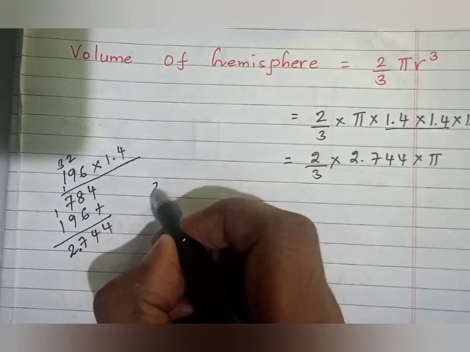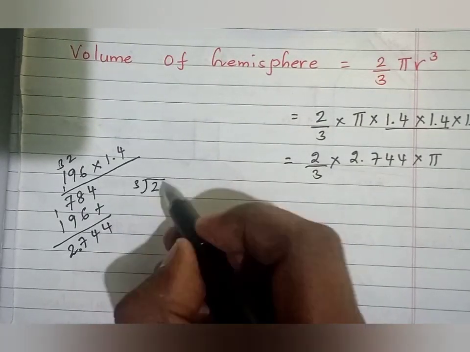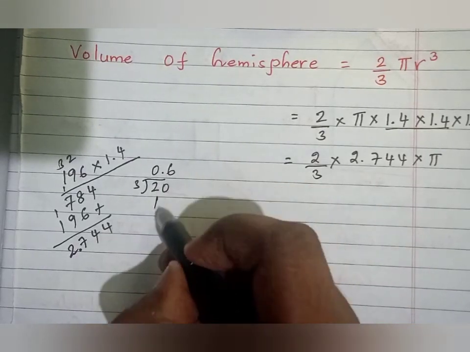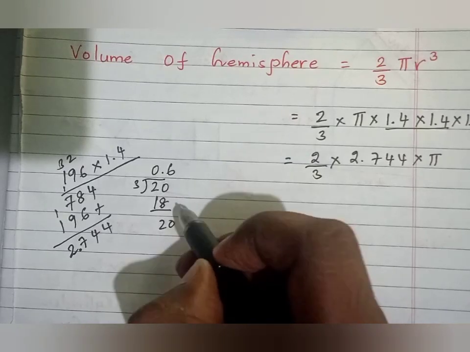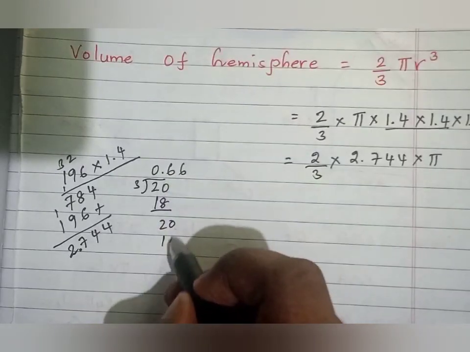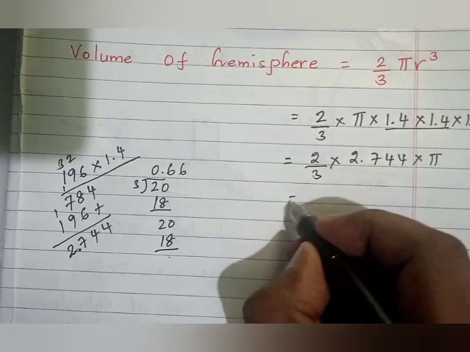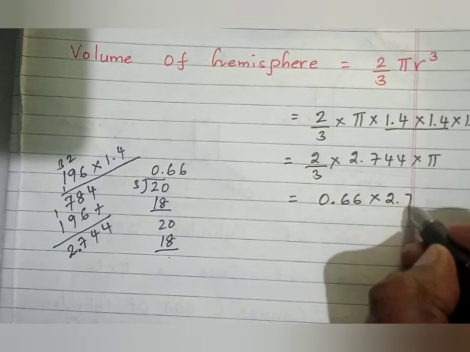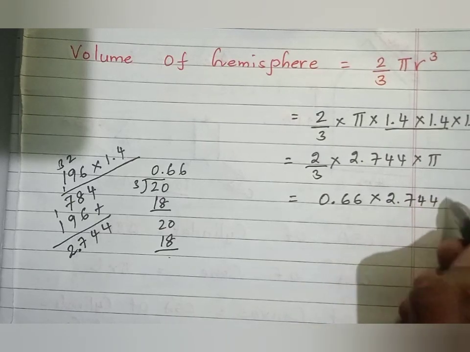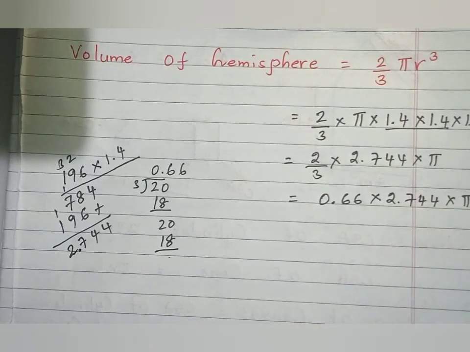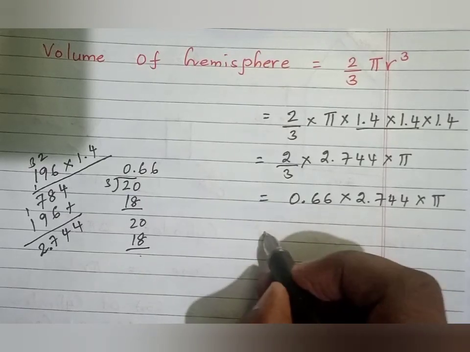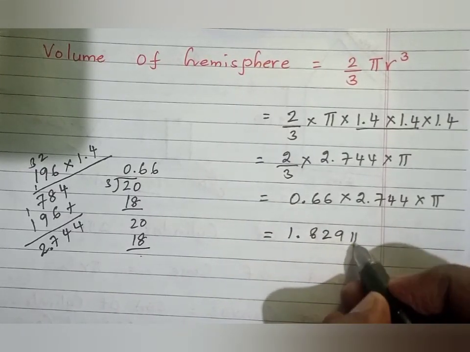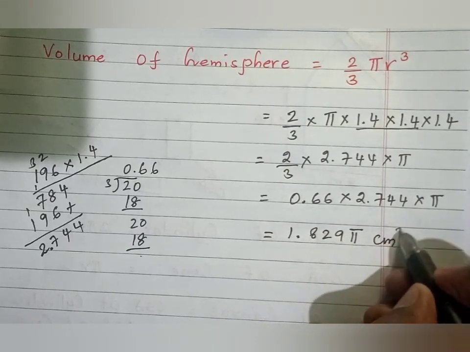Now if you divide 2 by 3, what will you get? 0.66, with one more digit. So what you get is 0.66 into 2.744 into pi. Now we should multiply 0.66 into 2.744. So what you get is 1.829 pi centimeter cube.